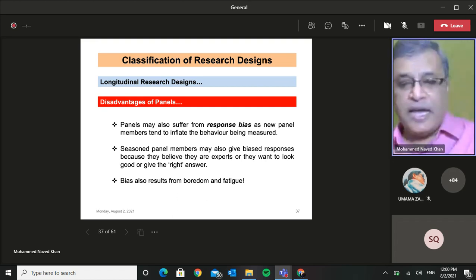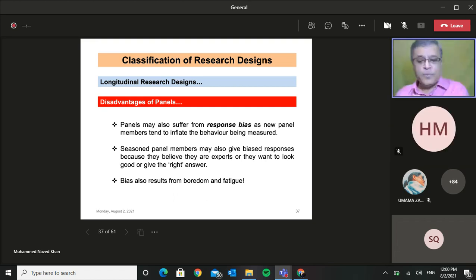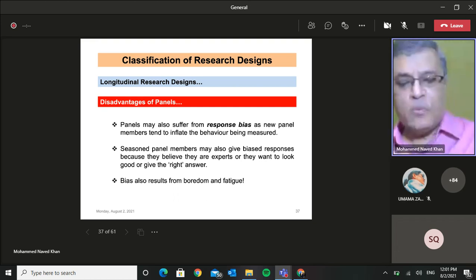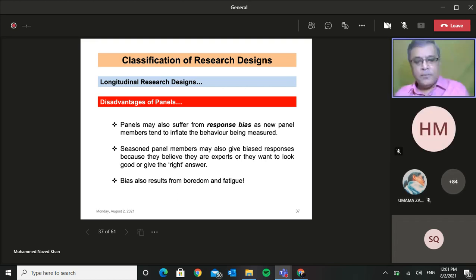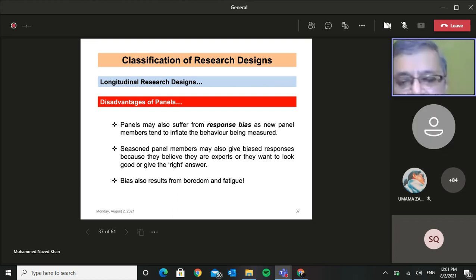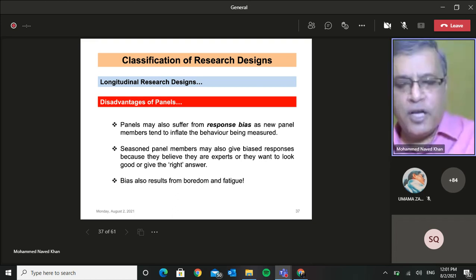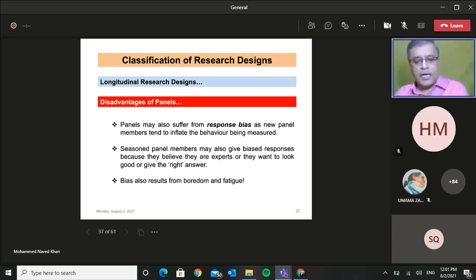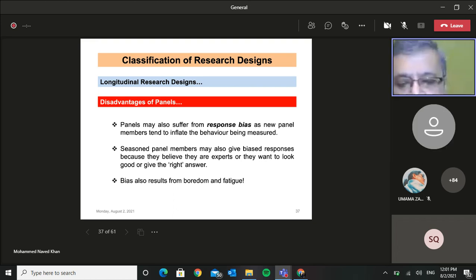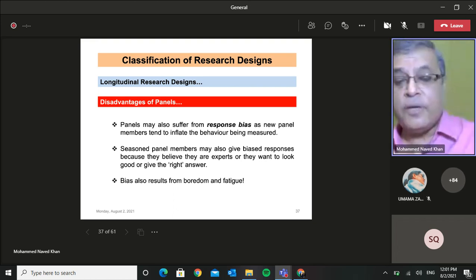Remember, we as researchers never want responses to be of a particular type. We want genuine responses, reflective of reality. So when we have such individuals or entities as part of the panel, we need to be careful when analyzing the responses. We need to see to it that people are not allowed to continue for very long in the panel, because otherwise we will suffer from this kind of problem, that is, bias would creep in.